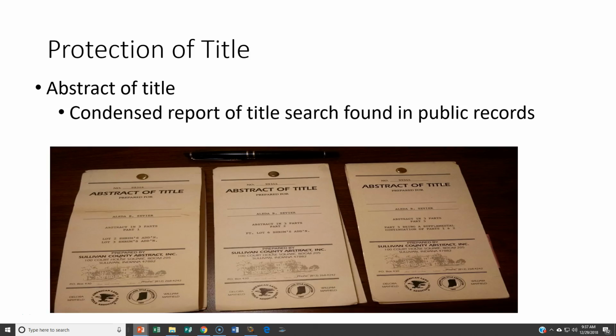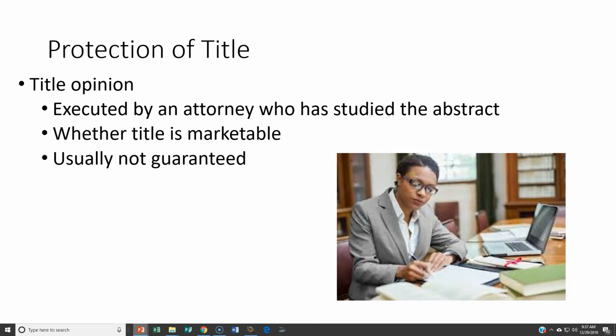The major parts of the property's ownership actually condensed down into an abstract. The problem is that this is only as good as the researcher and as good as the recorded documents. And therefore you don't have total protection regarding the true ownership of the property historically. And especially when an attorney gives an opinion, once again, it's not guaranteed.